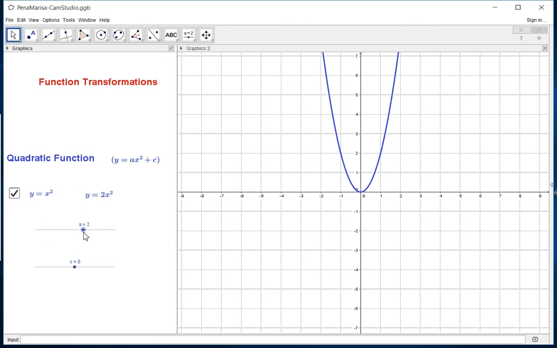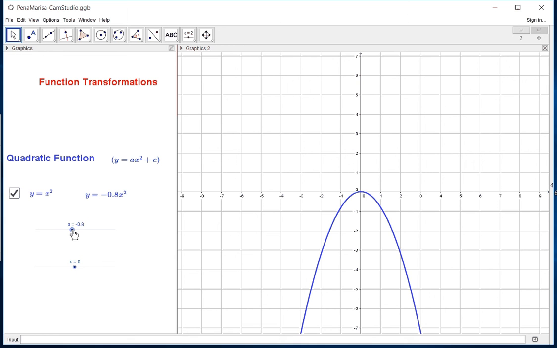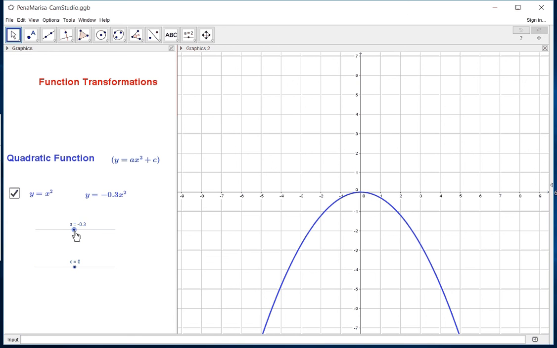If we change it to a negative, this will cause our parabola to open downward, as we can see. Again, we always take the absolute value of a. So in this case, the negative, just like it did with the linear function, only affects the direction of our graph. Either it is going to open up when it is positive or down when it is negative.